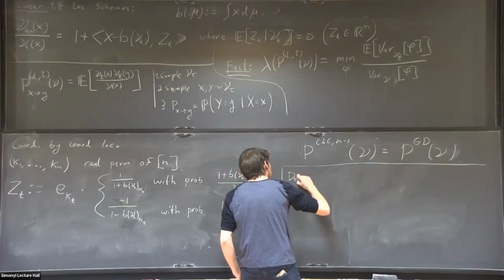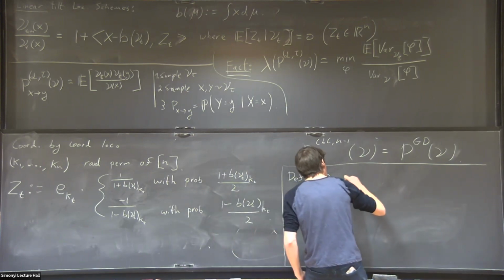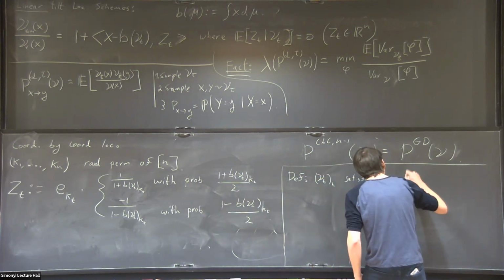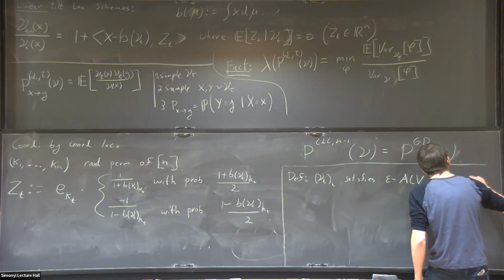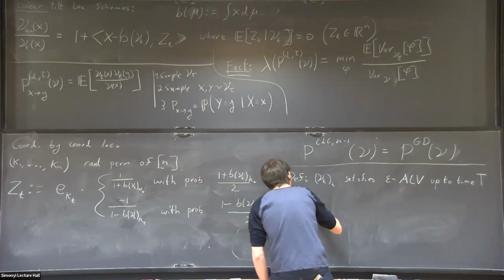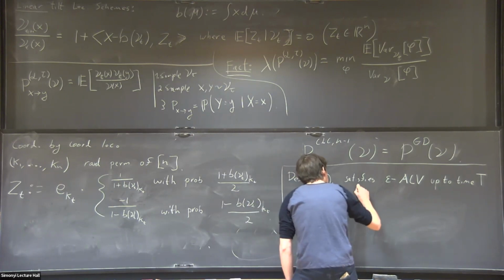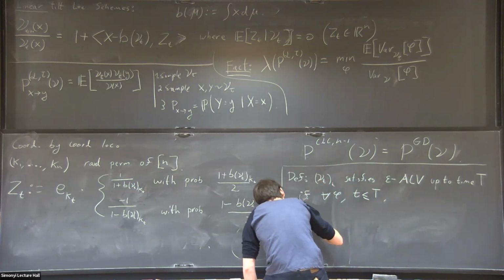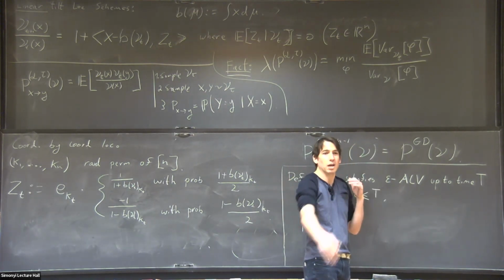So, definition: a localization process satisfies epsilon-approximate conservation of variance up to some big time T if for all test functions phi and for all times which are at most T, we have that, well, here we want to say the variance did not decay too much all the way up to time tau.